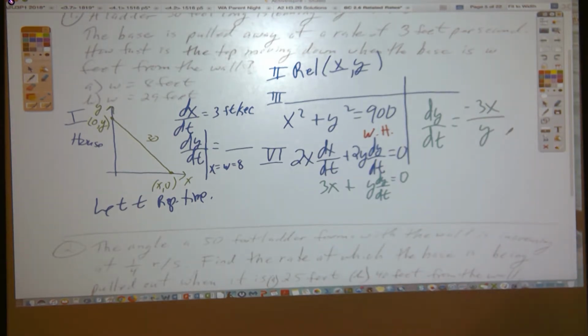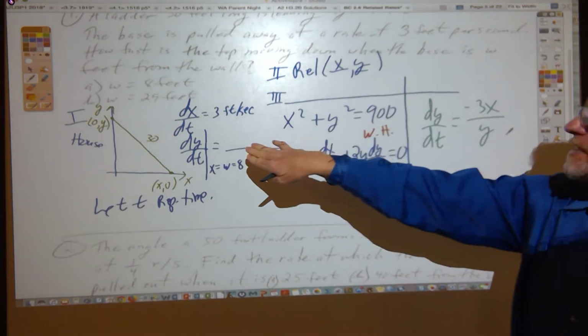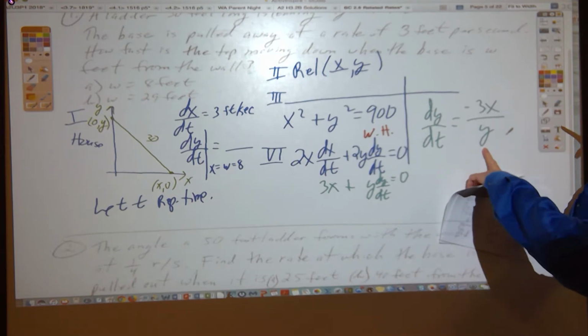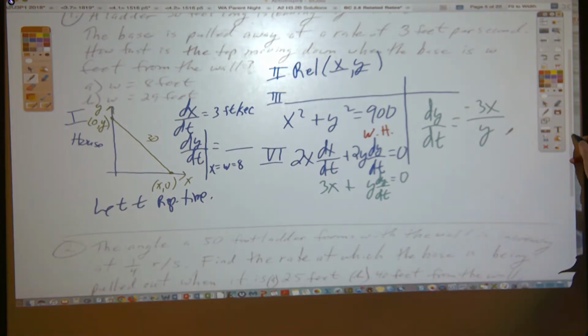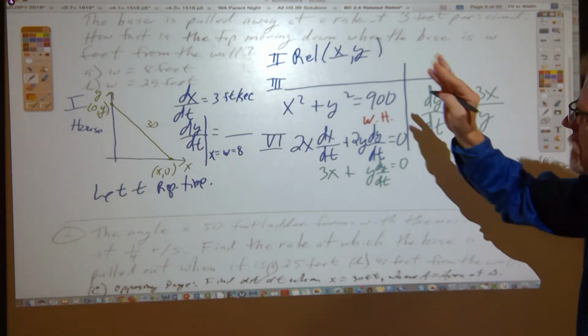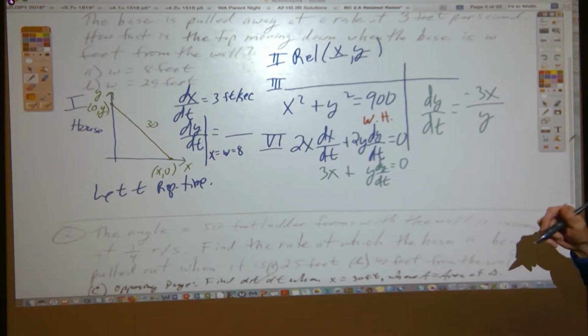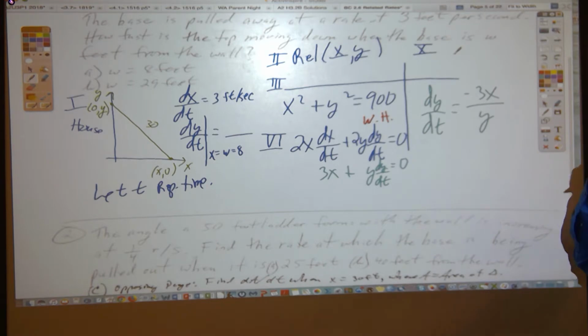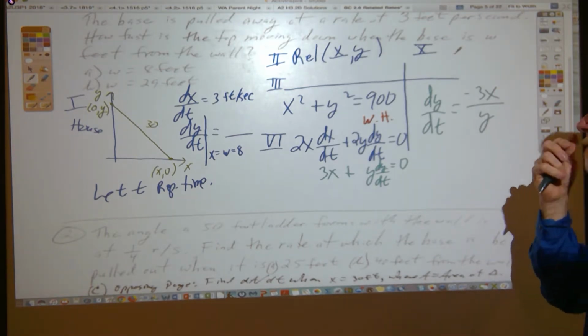Now I've got to somehow evaluate dy/dt when x is 8, which raises the question, when x is 8, what's y? Remember, it's a 10 Roman numeral method. Roman numeral 5 is optional. Roman numeral 10 is where you do scratch work. So for the first time, let's put the Roman numeral 10 in the 10 Roman numeral method.